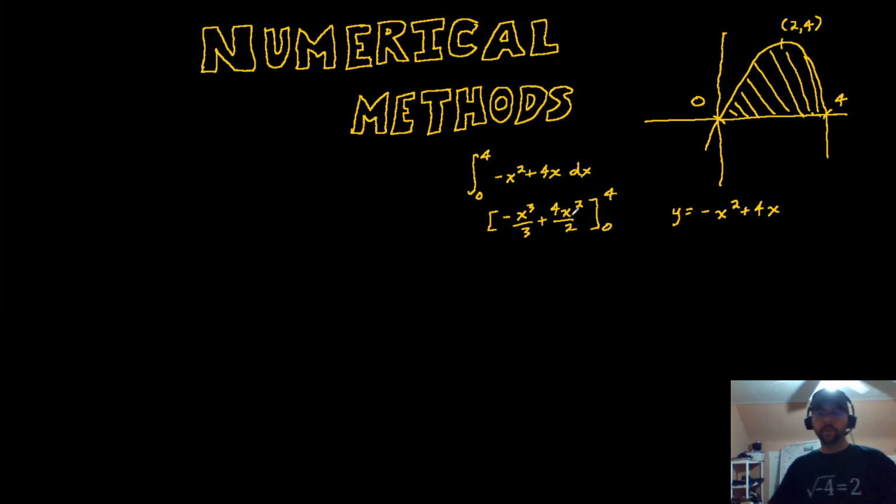We plug in 4 for this, then we subtract plugging in 0, but plugging in 0 is not going to matter because it'll all become 0. So we can just plug in 4, call it a day. So we have negative 4 times 4 times 4, that's 4 cubed, over 3, plus the 4 and the 2 cancel, so we're left with 2 times 4 times 4.